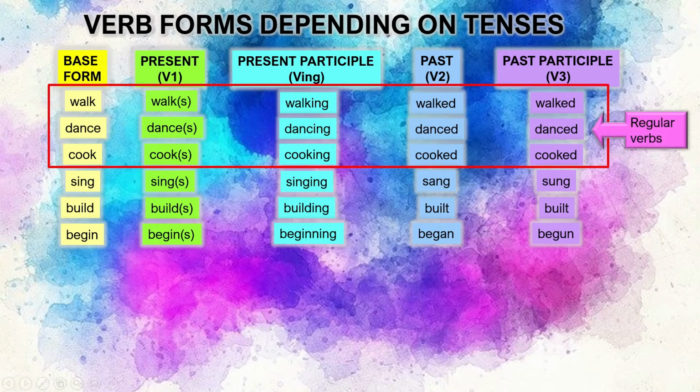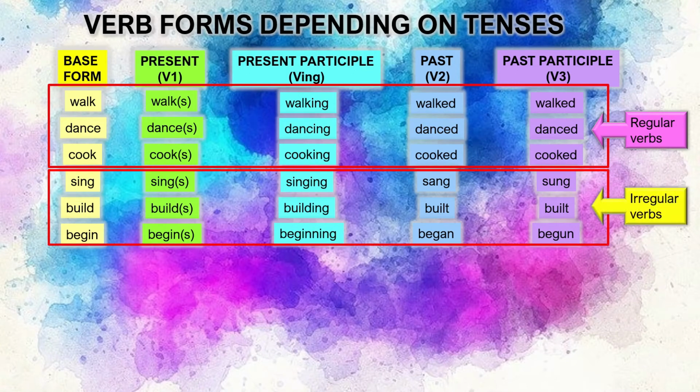We can say that the ones that end with ed are the regular verbs. The verbs that change the form, change the letters, are called irregular verbs. There is no other way than to memorize them if you want to understand them.